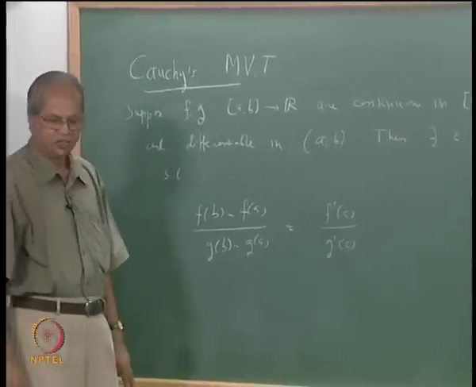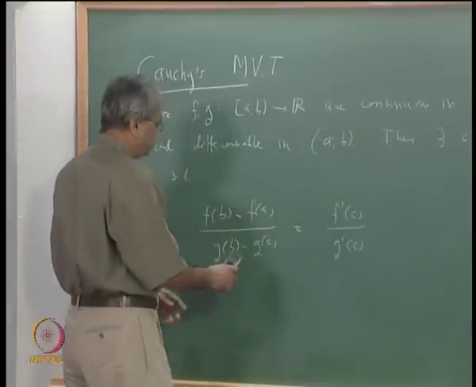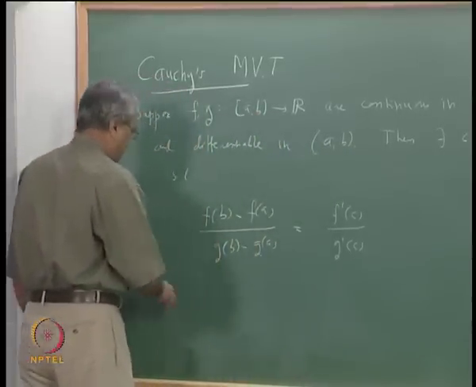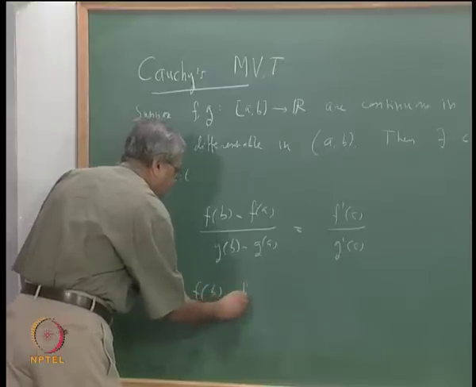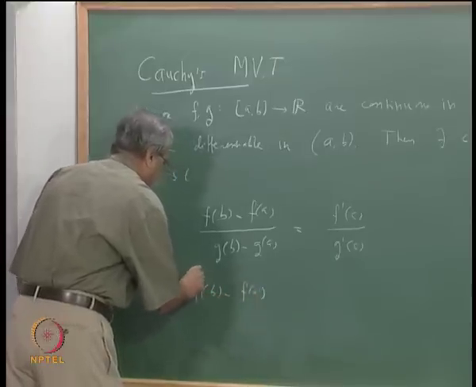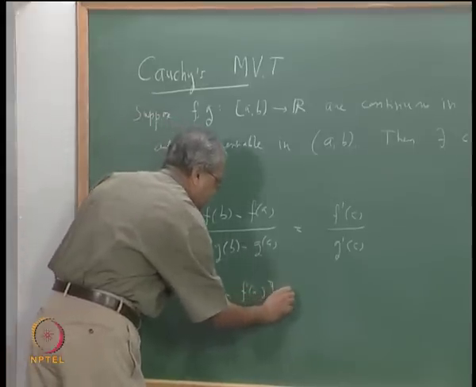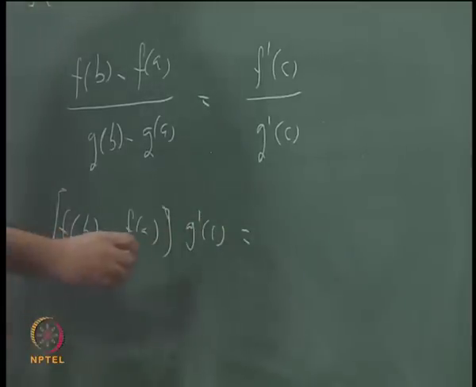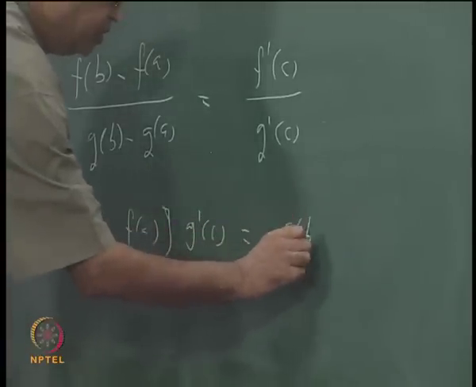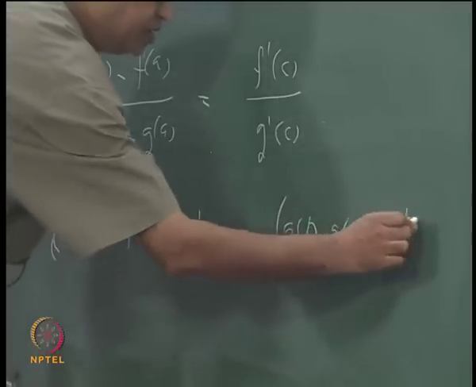But another way to deal with that is we can just avoid this division. I can write this same formula in a slightly different form. Instead of writing it like this, I shall write: (f(b) minus f(a)) into g prime c is equal to (g(b) minus g(a)) into f prime c.